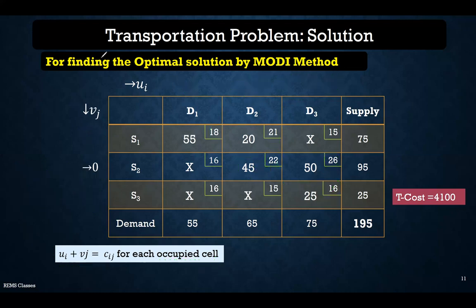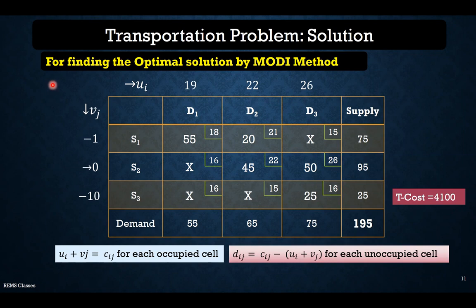Next, we will find the opportunity cost, that is the values of dij, by making use of this formula: dij equals cij minus (ui plus vj).